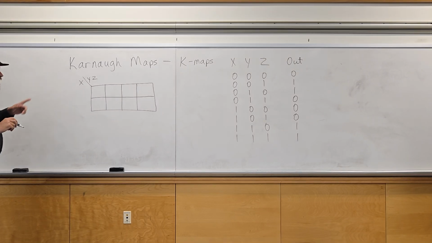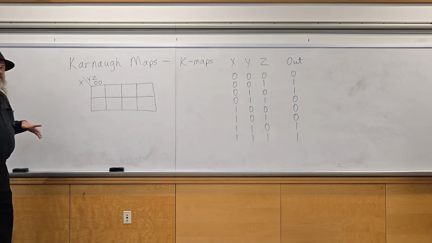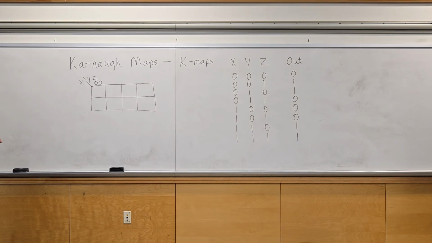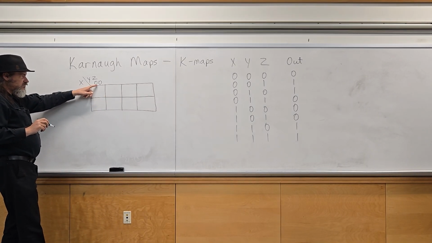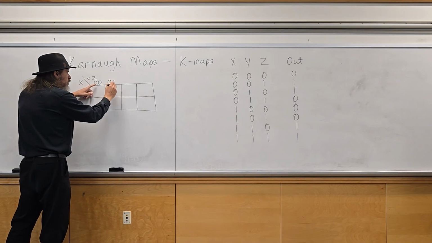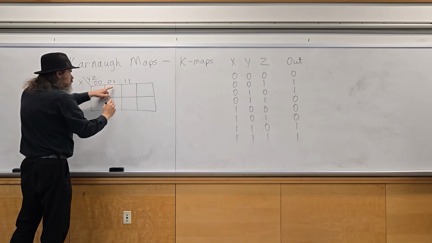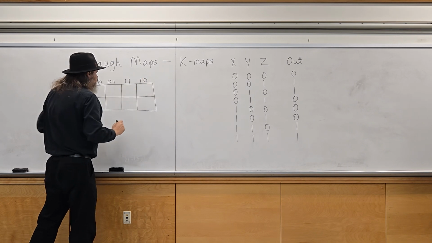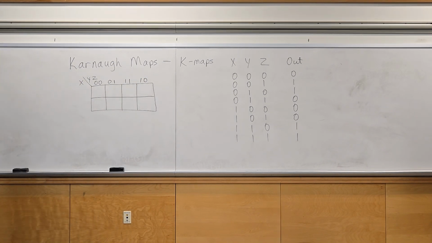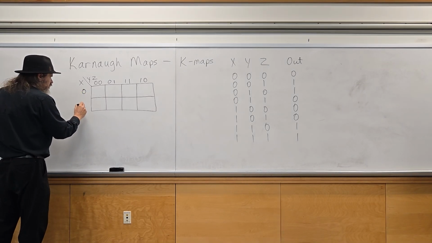Here, you're not counting in binary. You're changing 1 bit at a time as you go across. So the first one here is 0, 0. Change 1 bit to 0, 1. Change 1 bit again to 1, 1. And then change the last bit to 1, 0. And of course, over here on the X side, that's 0, 1.